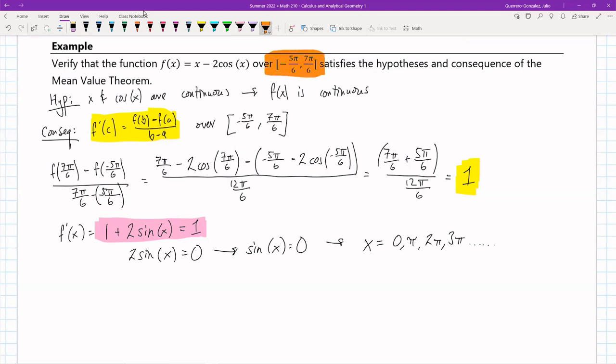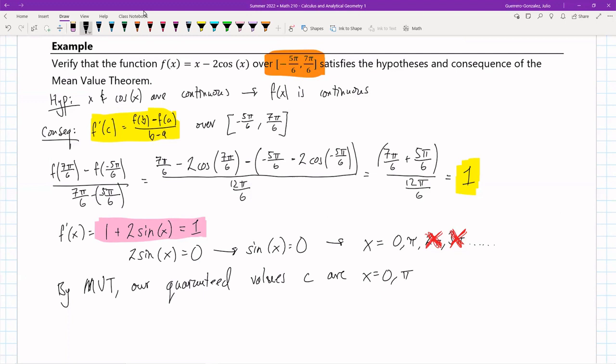The only two that do live in there are the first two. 2 pi is too far, and 3 pi is too far. So by mean value theorem, we are guaranteed these two values right there, 0 and pi.